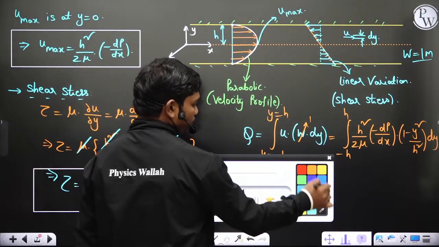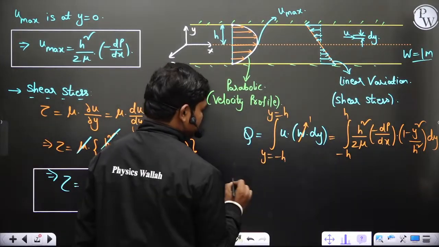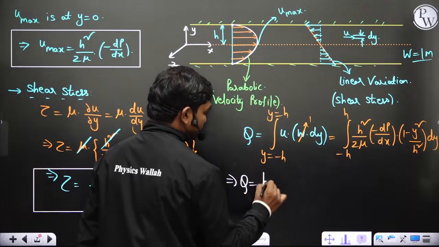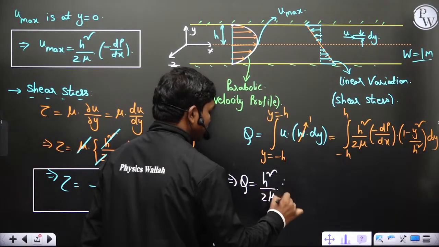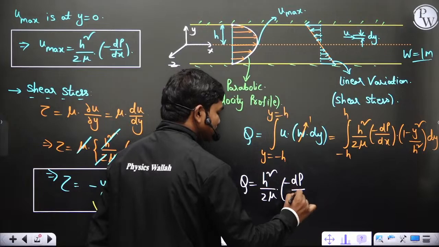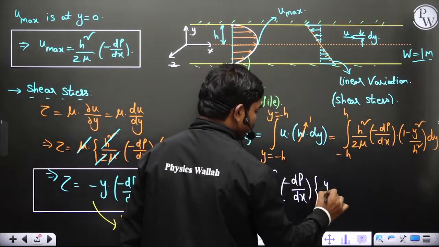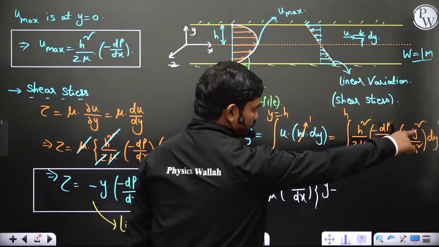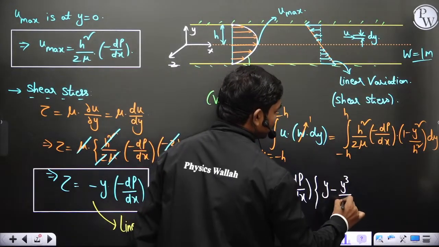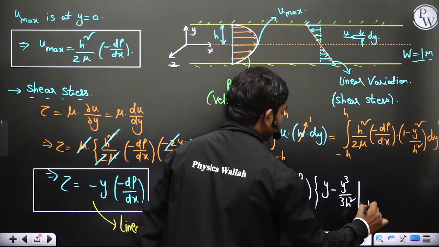So the discharge which flows between the fixed plates is q equal to h square by 2 mu into minus dp by dx. Up to here, everything is constant. Integration of 1 is y, and the integration of the next term is y cube by 3h square, within the limits minus h to h.